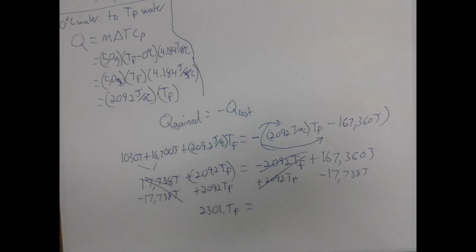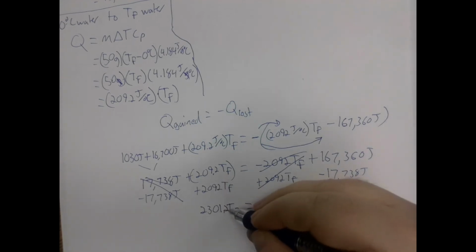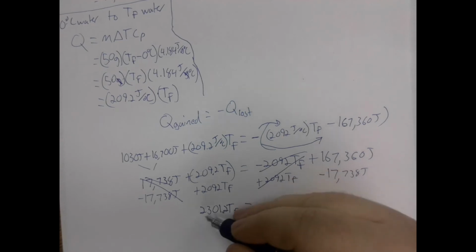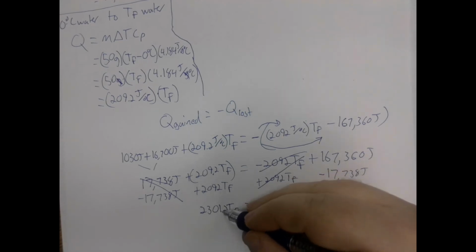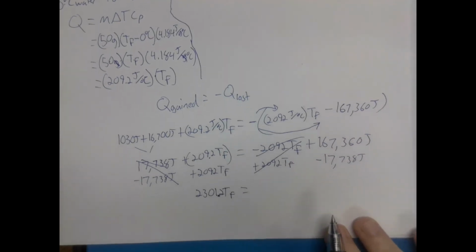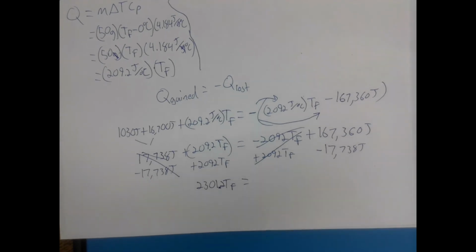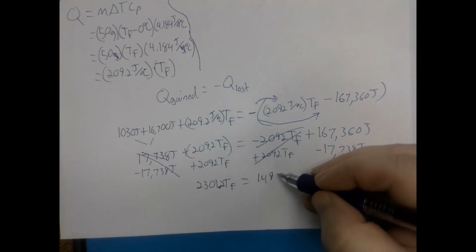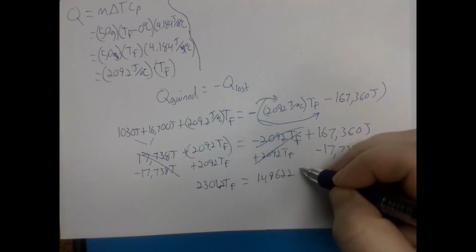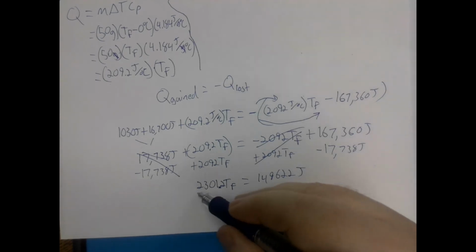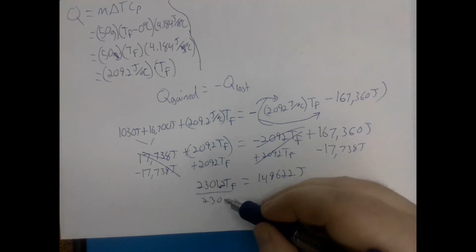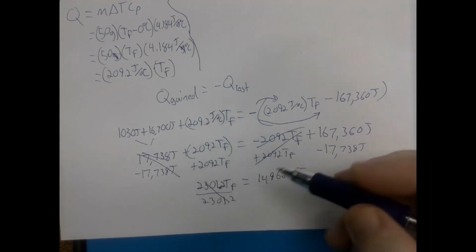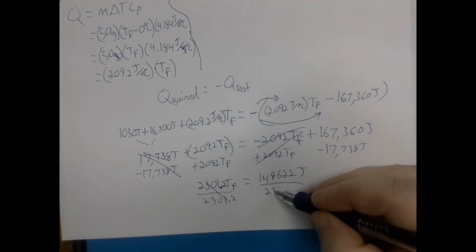So adding those up is 2301.2. Now we divide by 2301.2 on both sides.